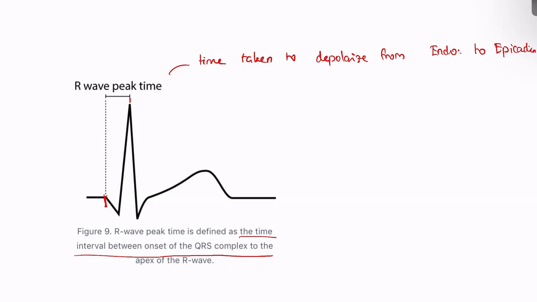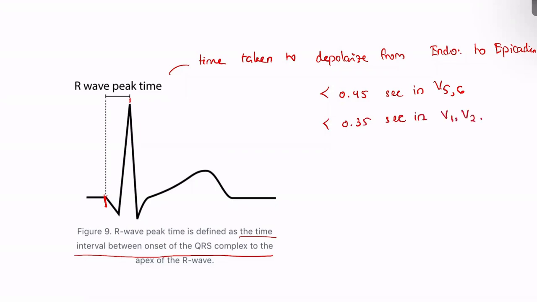So that means that if you have ventricular hypertrophy, the R wave peak time will be prolonged, and if normal, it will be within the normal limit. The normal R wave peak time is less than 0.045 seconds in V5 and V6, and less than 0.035 seconds in V1 and V2.